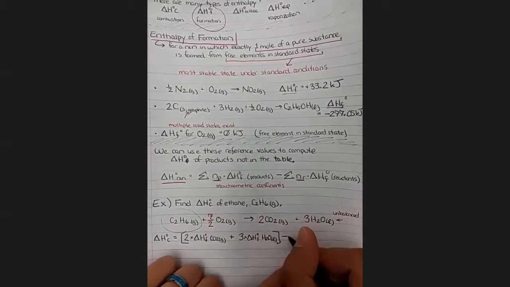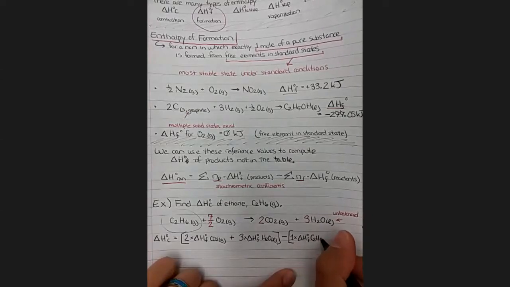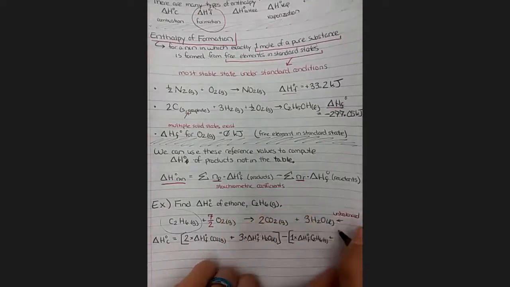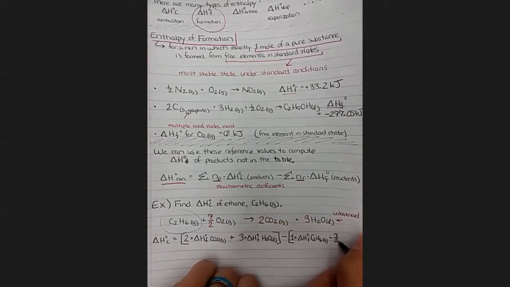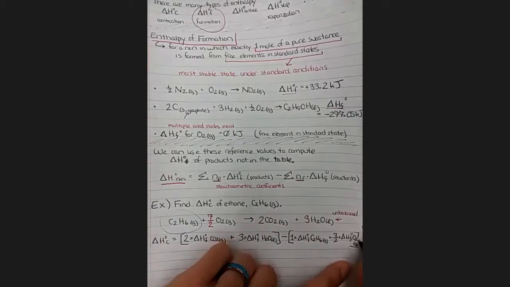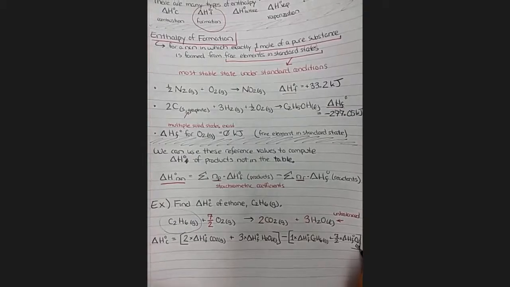Then we're going to subtract the reactants. So 1 times the delta H standard formation of ethane as a gas plus 7/2 times the delta H formation standard of O2 gas. Just barely fit. Okay. So now we have our plan.